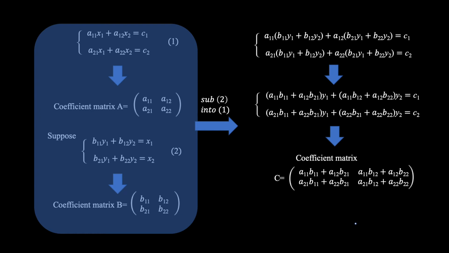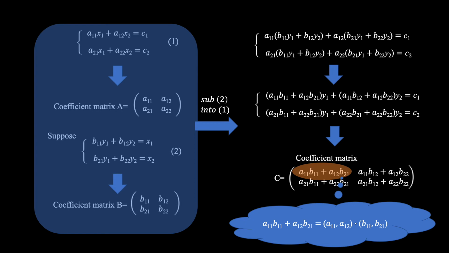Let's observe the first row, first column entry of C, which equals A11 B11 plus A12 B21. Recall the concept of dot product that we mentioned in the last video. This is exactly the dot product of the vector (A11, A12) and the vector (B11, B21), which are the first row vector of A and the first column vector of B, respectively.